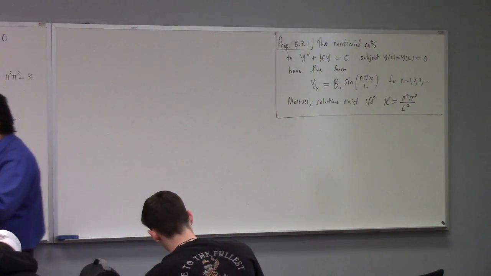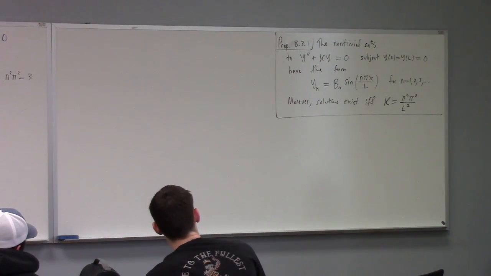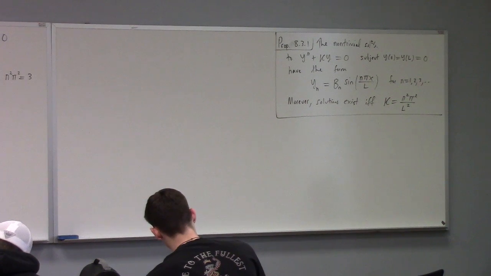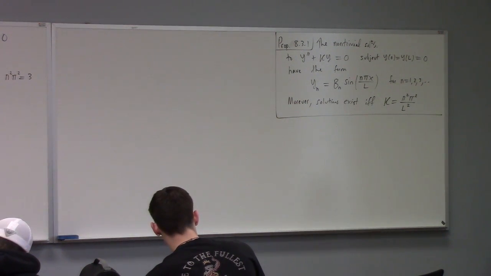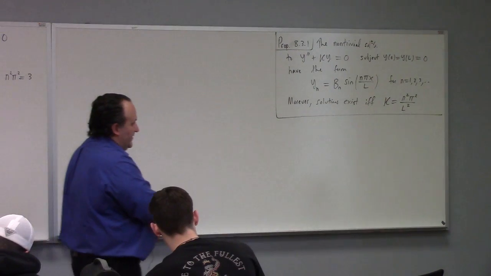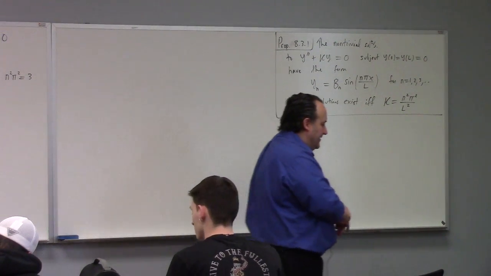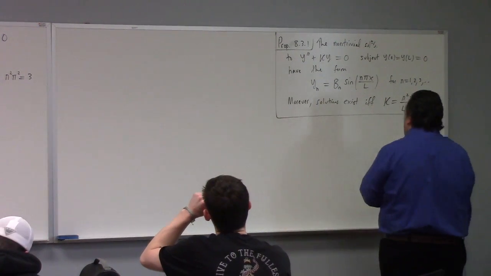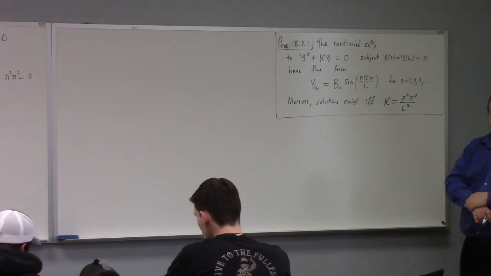So if we're up against this problem, y prime prime plus ky equals 0, subject to the boundary conditions that they have to vanish on the endpoints, the only way we can solve it is if our differential equation has the particular form that k is equal to n squared pi squared over L squared. And in that case, we just get basically sine functions as solutions. All right?